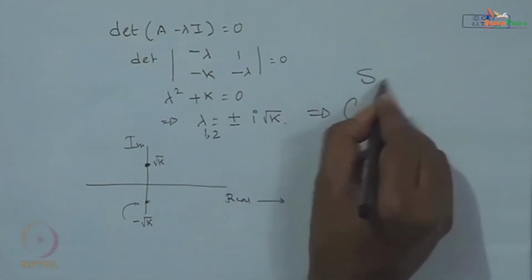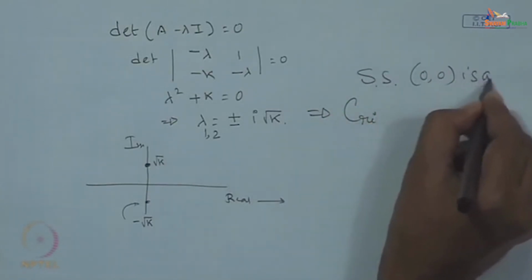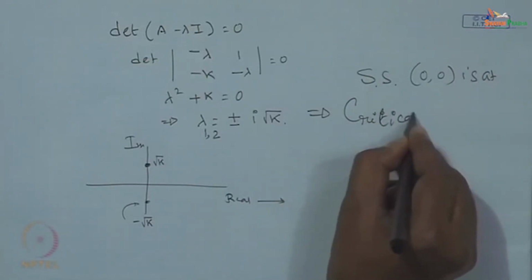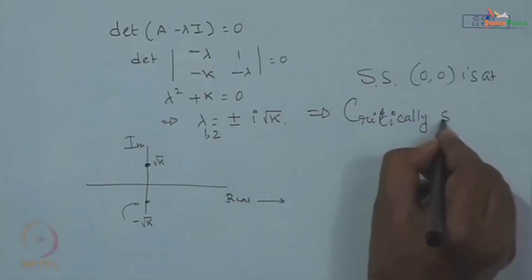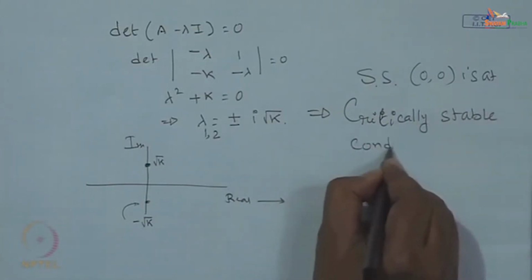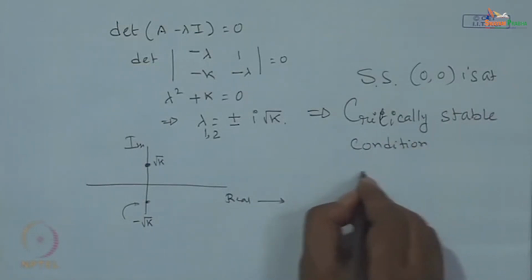The steady state 0, 0 is at critically stable condition, and it shows a periodic vibration.